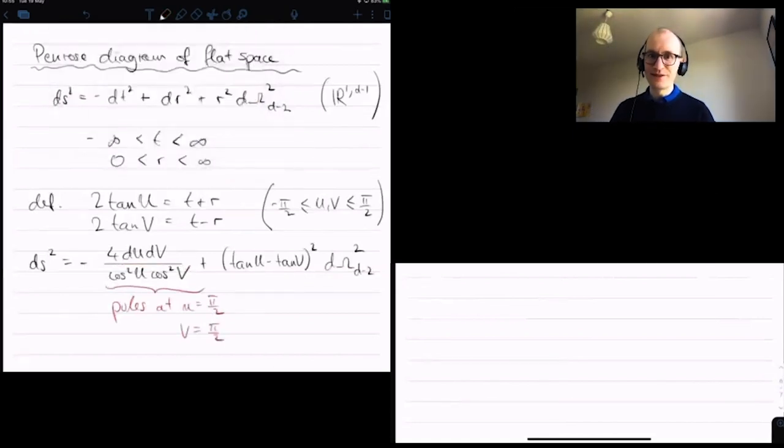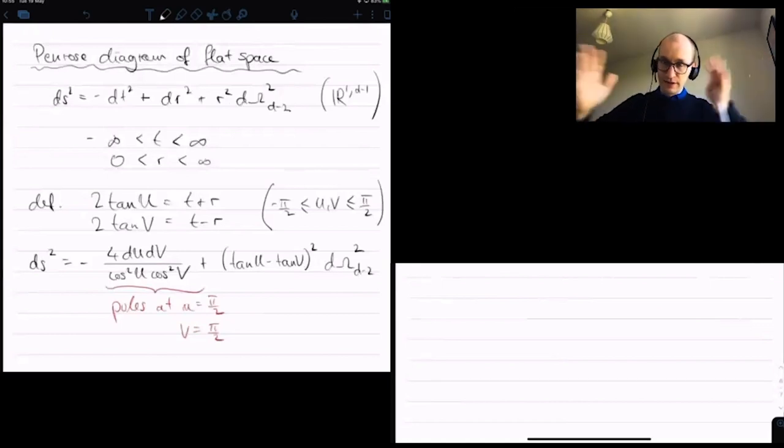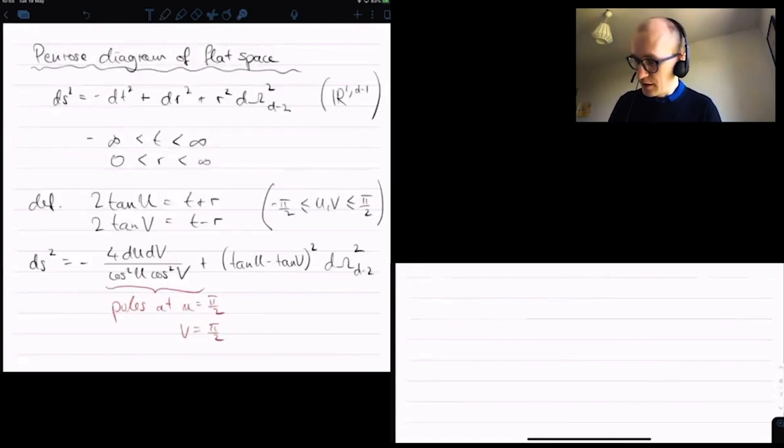One way in which it's logical to see these poles is that we've put infinity at a finite distance, but you pay a price, because tan u diverges as u goes to pi over 2. That's the whole point. This divergence allowed us to bring things to a finite distance, but it rears its head by introducing this singularity. But not to worry, because we are only interested in causal structure.